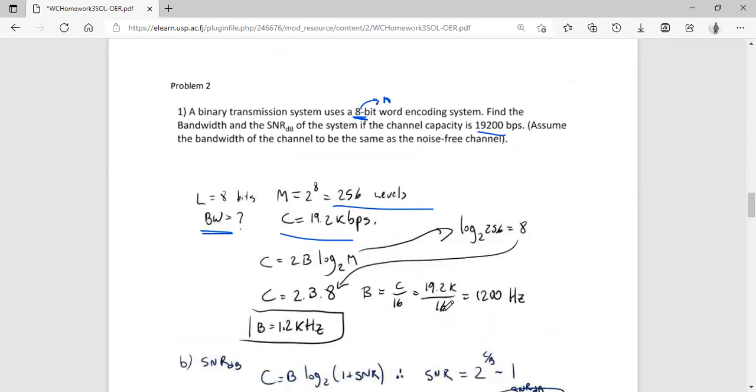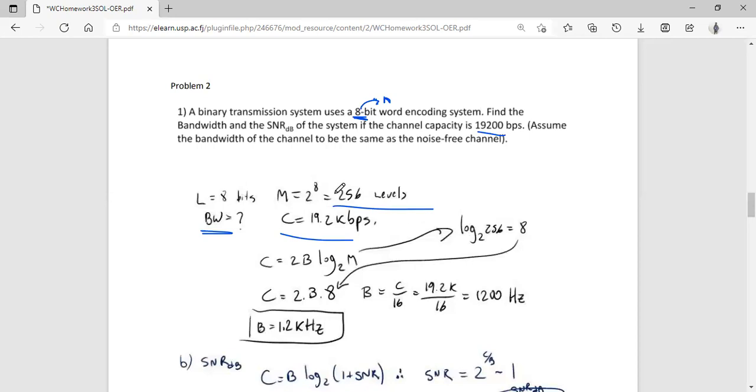Using that equation, we can evaluate our B, right? In this equation, log base 2 of M is equivalent to log base 2 of 256, which is equal to 8, right? 2 to the power of 8 is going to give me 256, isn't it?